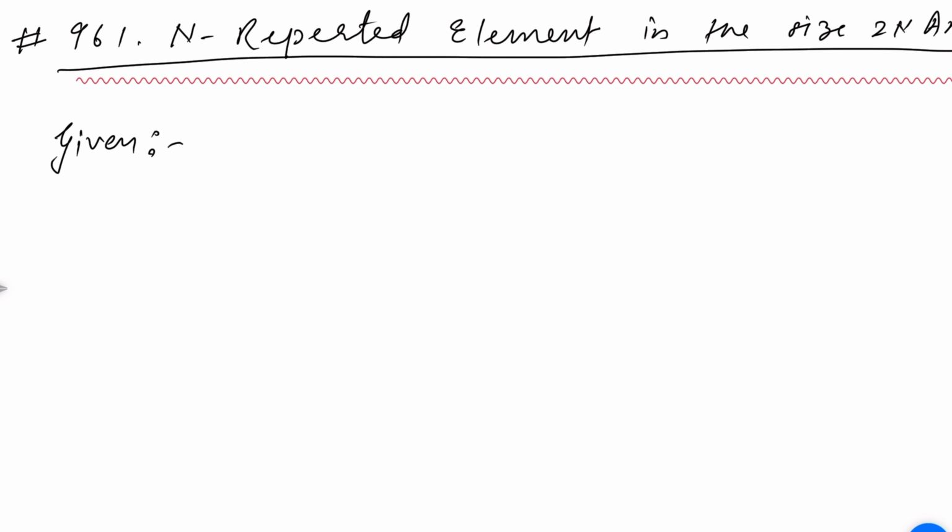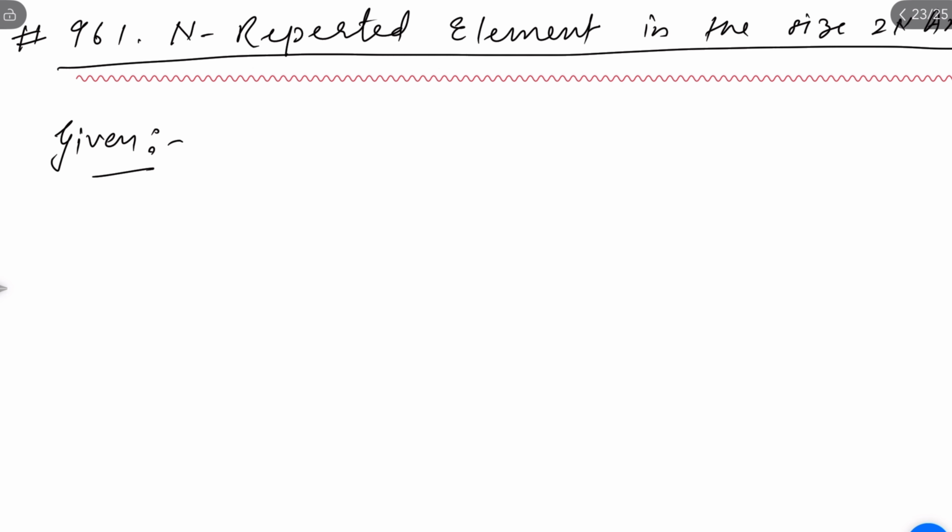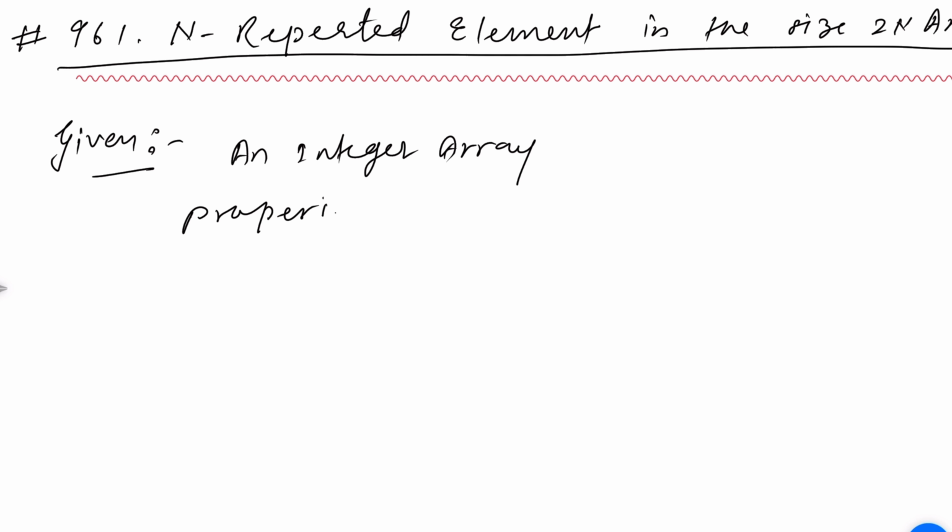We have given an integer array with some properties. What are the properties of this array?